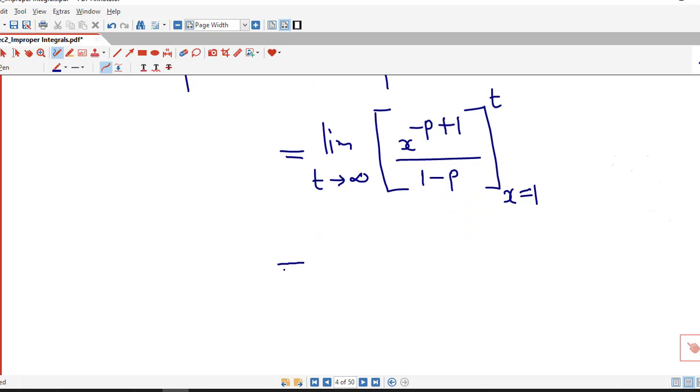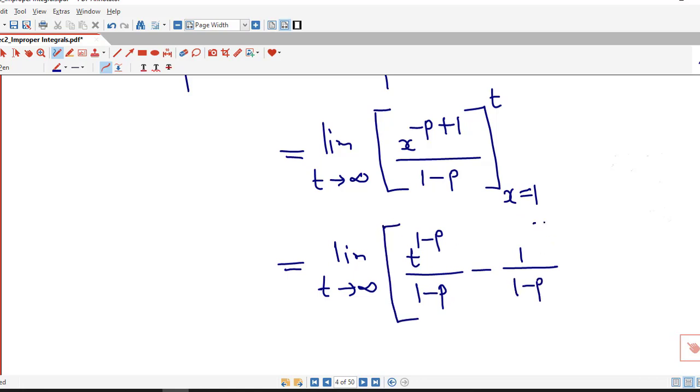Now we put the limits. The upper limit is x equal to t, so this I can rewrite as t raised to 1 minus p over 1 minus p, minus the value at x equal to 1, and 1 raised to 1 minus p is 1. So we have this function of t after putting the limits of x.